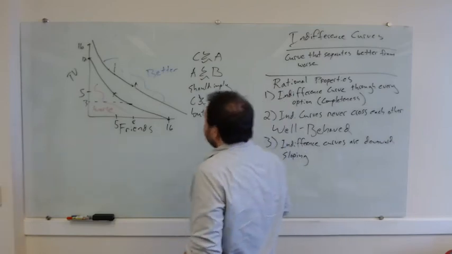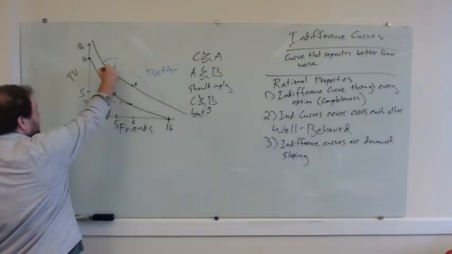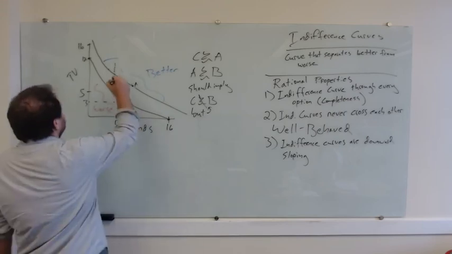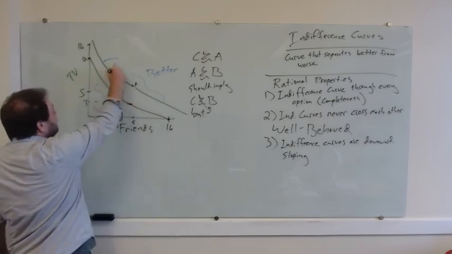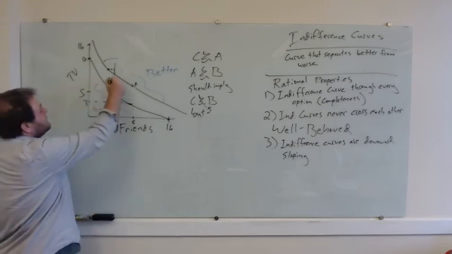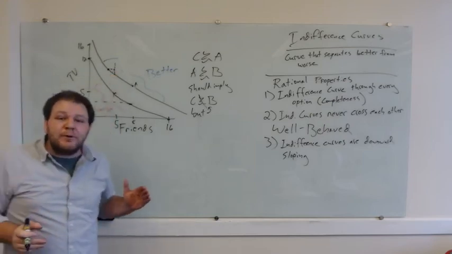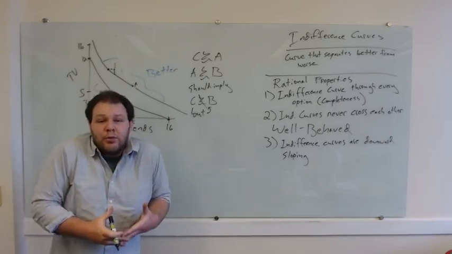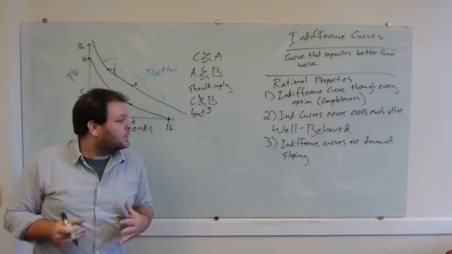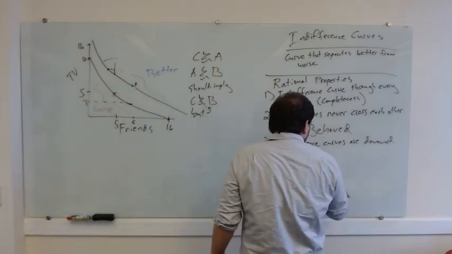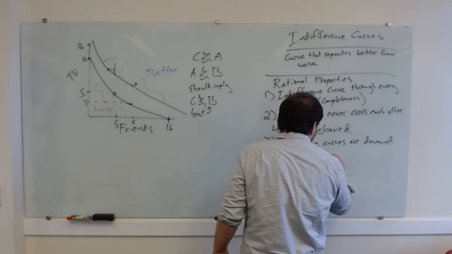Why is that? Because the indifference curve is telling us all of the different combinations that are equally good. So if I get more of one thing, more TV time, in order for me to be indifferent, I have to give up some friend time. If my indifference curve sloped up, that would mean that I'm indifferent between having more of both and having less of both. So indifference curves are downward sloping. This is a result of more is better.